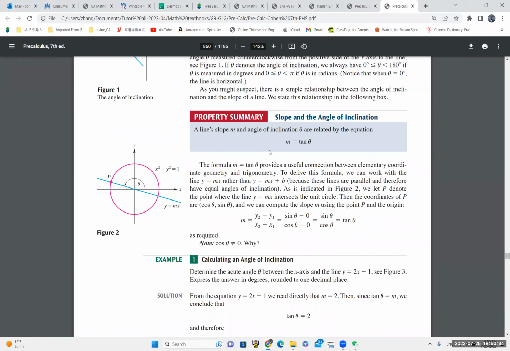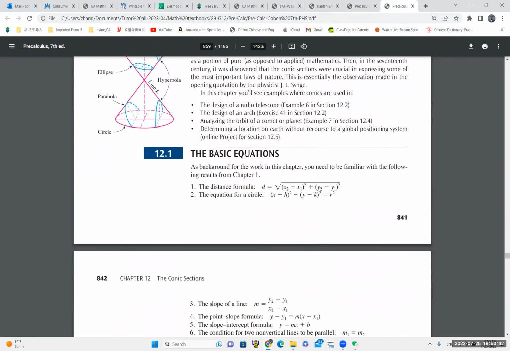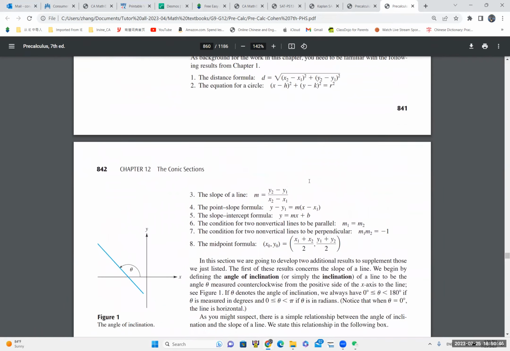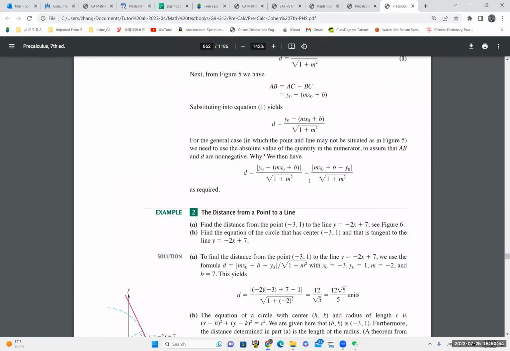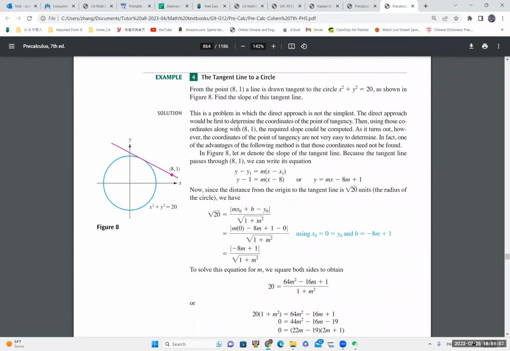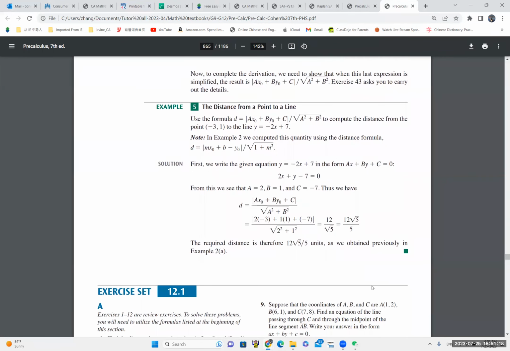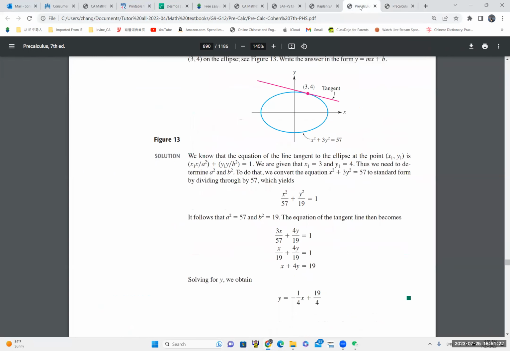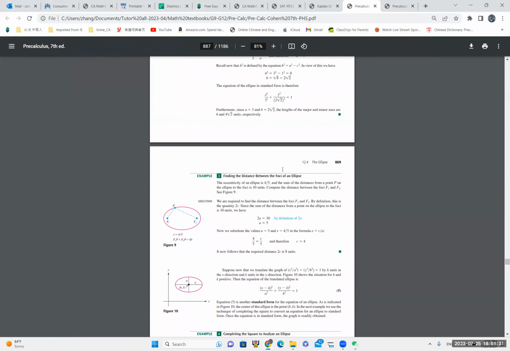I just want to see where the textbook shows this, or at least mentions this formula. Do they mention this in this section?